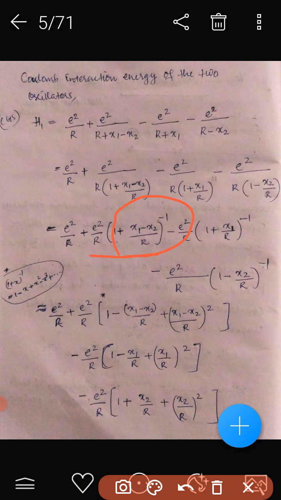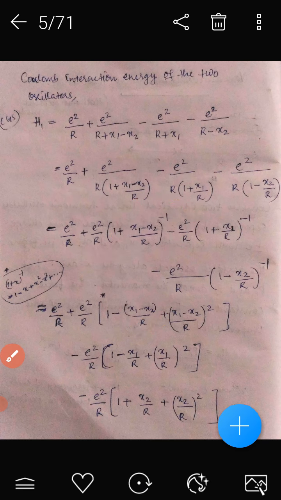The higher terms I neglected because this distance r is very much greater than x1 and x2. x1 and x2 are the separations between the two charges, and r is the separation between the two oscillators. So if we take the higher orders, they are very small quantities, so I neglected them.